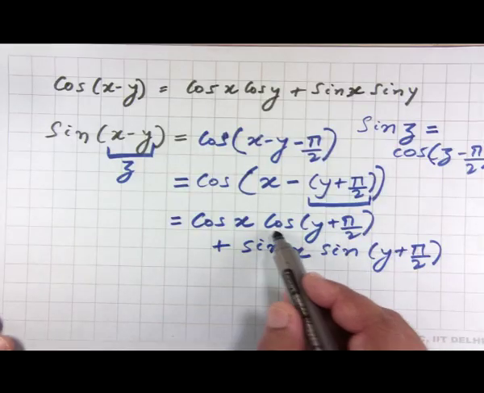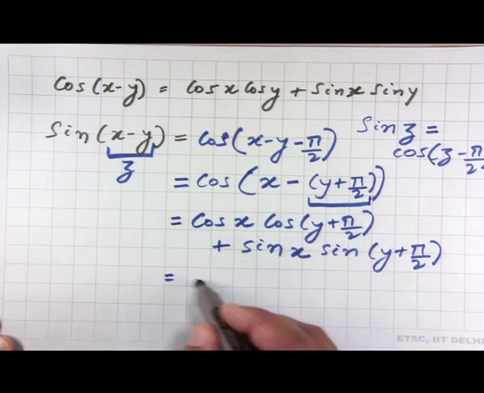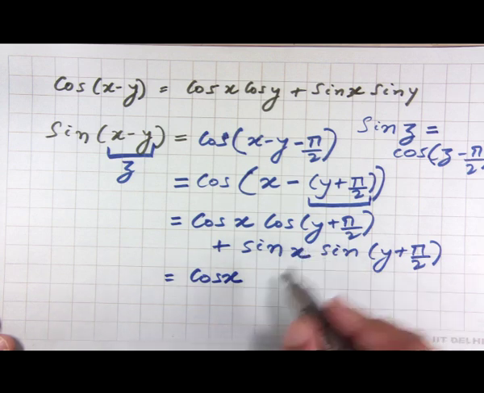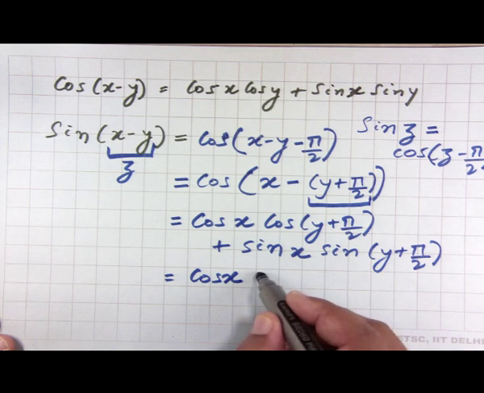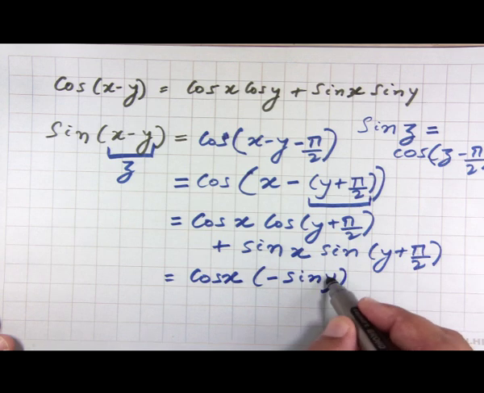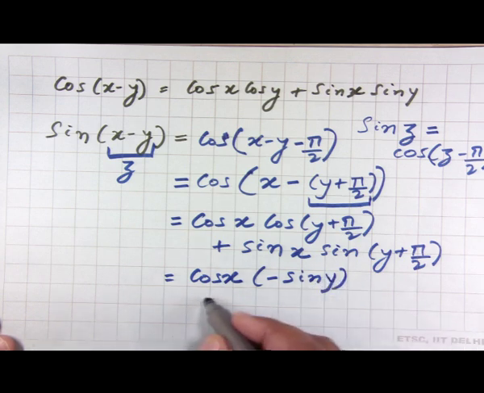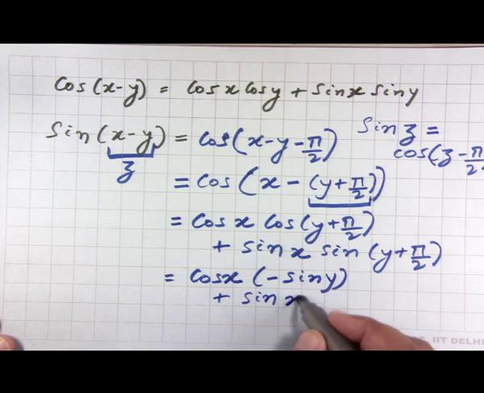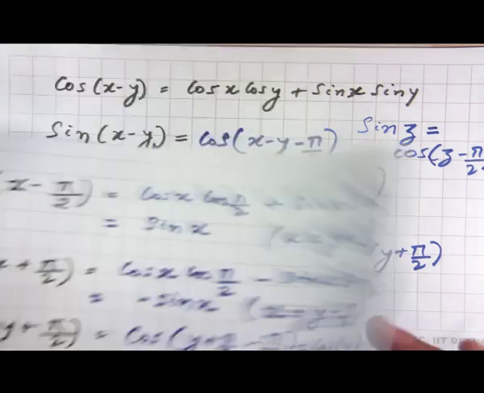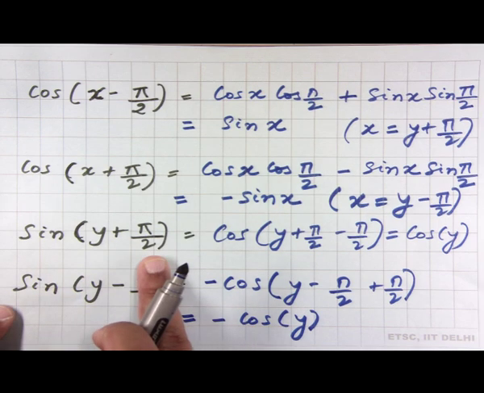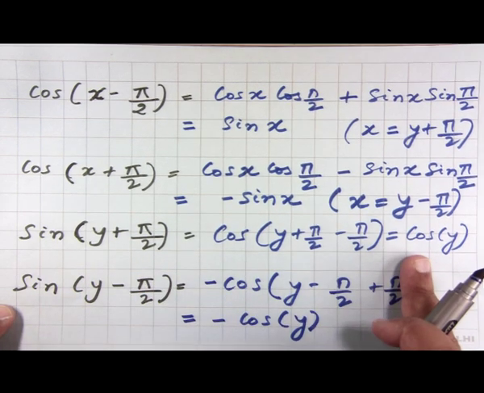This term here becomes cos x times minus sin y, plus sin x, and again from the previous slide we derived that sin of y plus pi by 2 is the same as cos of y.